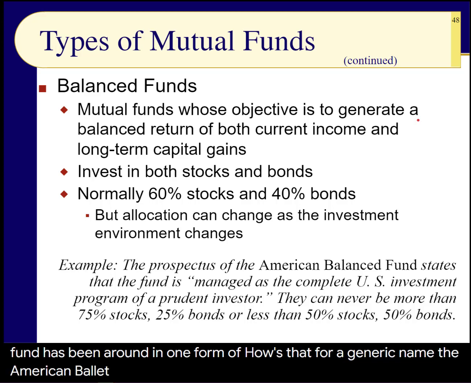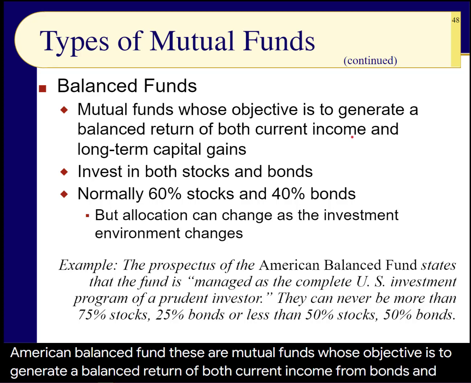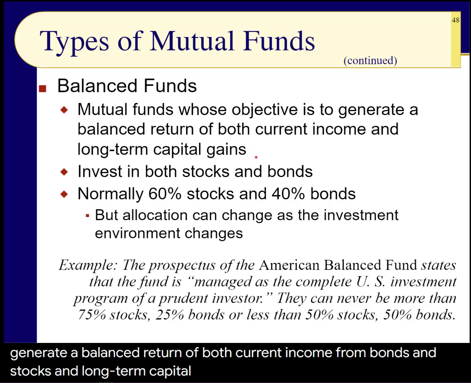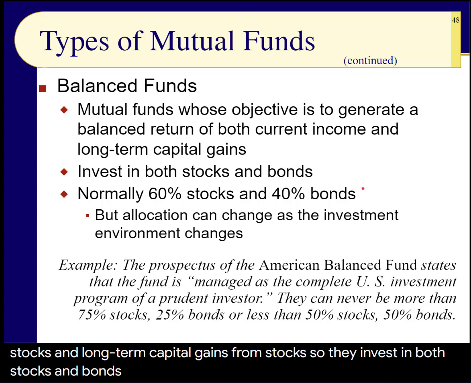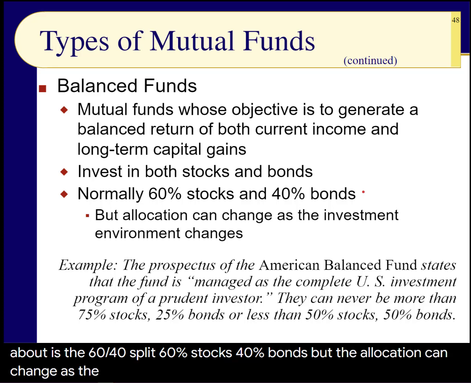These are mutual funds whose objective is to generate a balanced return of both current income from bonds and stocks and long-term capital gains from stocks. So they invest in both stocks and bonds. And typically what you're going to read, hear about is the 60-40 split: 60% stocks, 40% bonds. But the allocation can change as the investment advisor changes.